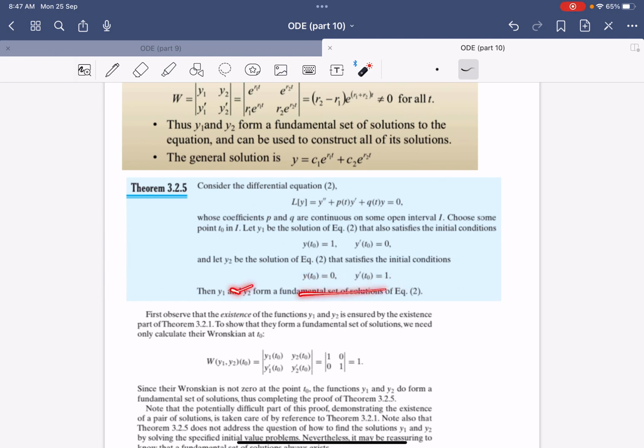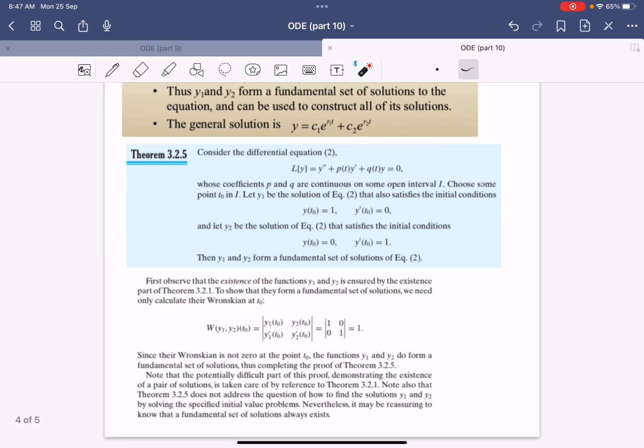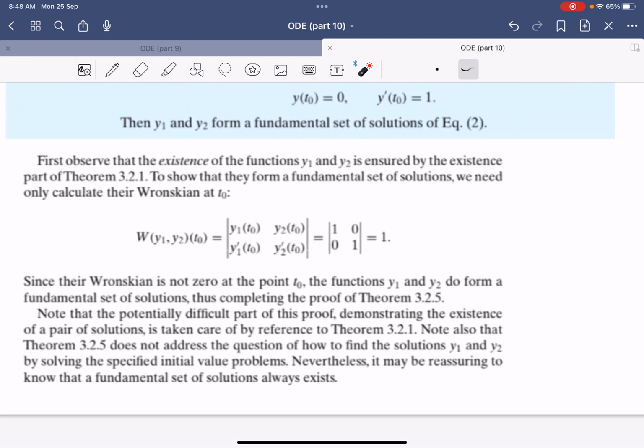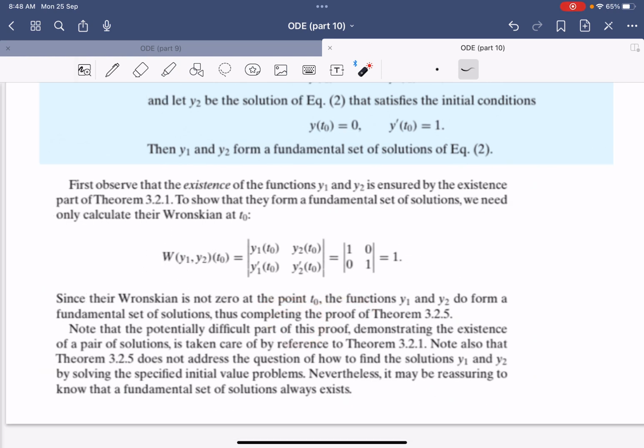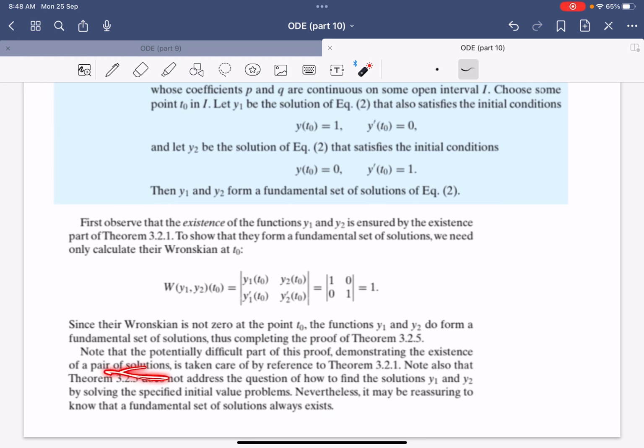Then y1 and y2 must form a fundamental set of solutions, and it's not too hard to recognize why, because you just use the Wronskian determinant and see that it equals 1. Since the Wronskian is non-zero at some point, y1, y2 must be a fundamental set of solutions, and this completes the proof. Note that the difficult part of this proof is always demonstrating the existence of the solution. But once we know that they are solutions, then we can say whether they are a fundamental set.